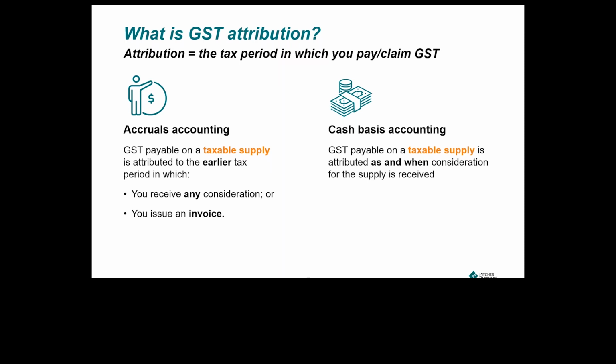On the other hand, if you're a cash basis accounting taxpayer, the GST payable on a taxable supply that they make is attributed as and when they receive consideration for that supply. So for example, if they receive consideration by way of installments, then they would attribute those installments one by one as they receive the cash.